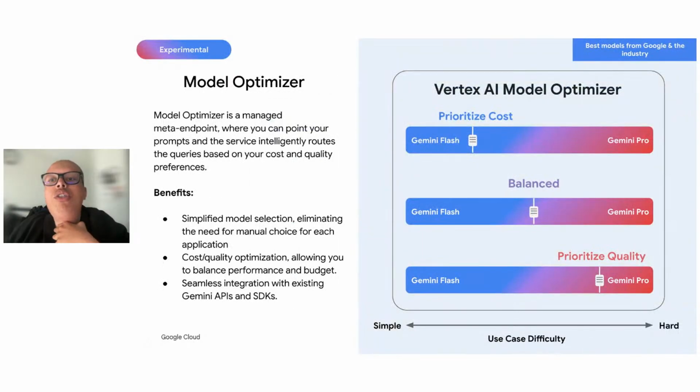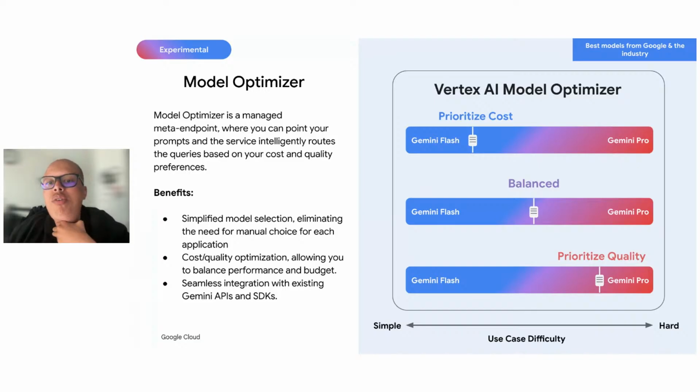Let's say that you are still unsure of what you need to do and which model you need to choose. So we have an experimental feature, which is called model optimizer. So this is a managed meta endpoint where you can point your prompts and services so that it intelligently routes the queries based on your cost and quality preferences.